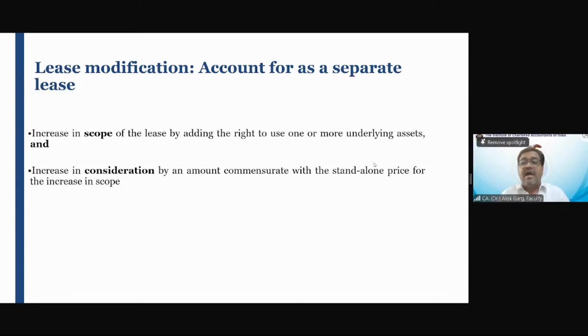Standalone price means you should not look at overall, you look at standalone, that is, the fair value of this additional scope. Like in the case of Hemant, the fair value of the additional room was 5,000 rupees, but Hemant negotiated at 2,500 rupees, so it was not at a market rental, and hence it has to be treated as an adjustment to the existing contract.